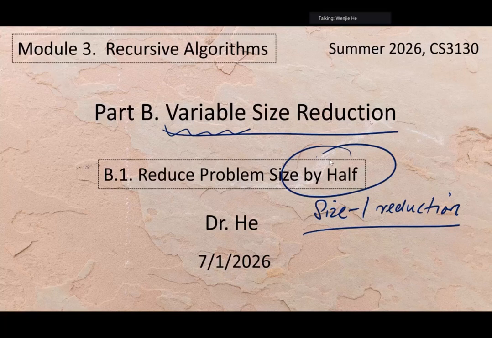In that situation, we divide the problem size by half. We throw away the other half. We only solve one of the 2 subproblems. That's the case. Reduce problem size by half.